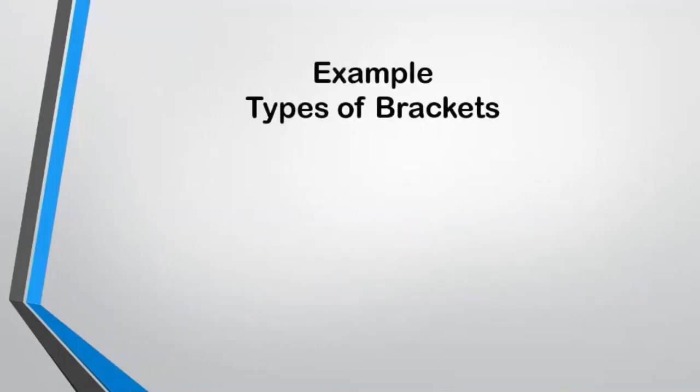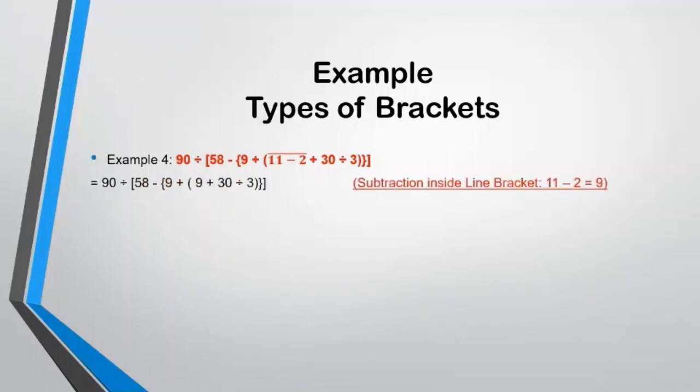Now we will learn more about the types of brackets by our final example. 90 divided by square brackets 58 minus in curly brackets 9 plus in round brackets 11 minus 2 plus 30 divided by 3, and all brackets close.